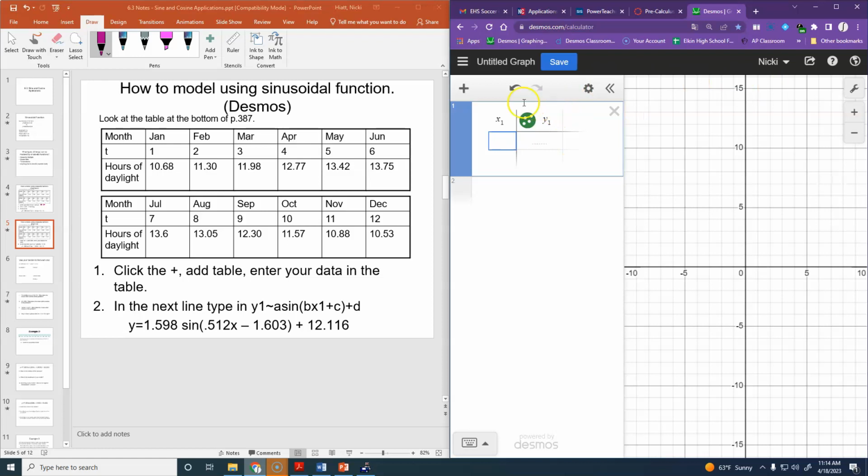So Desmos, you're just going to hit the plus. You're going to put it in a table, and you're going to put your data in.